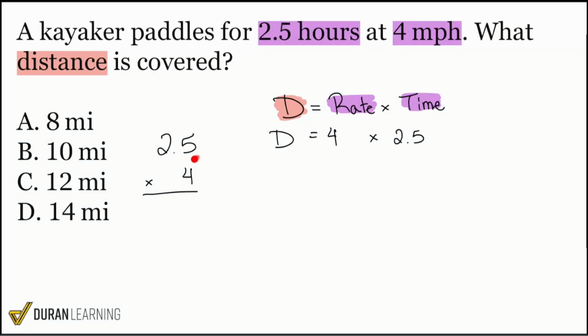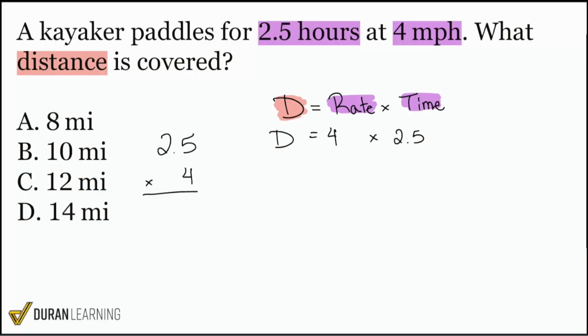How many decimal places do we have total in this multiplication? Just one. So keep that in your head, because at the end, after we're done multiplying, we're going to bring one decimal back. Again, that's the rule with multiplying by decimals. We just count how many decimal places we have, and we bring it all back at the end.